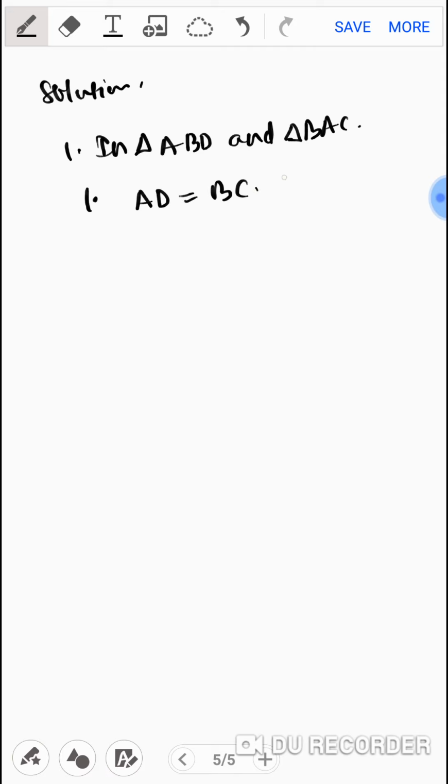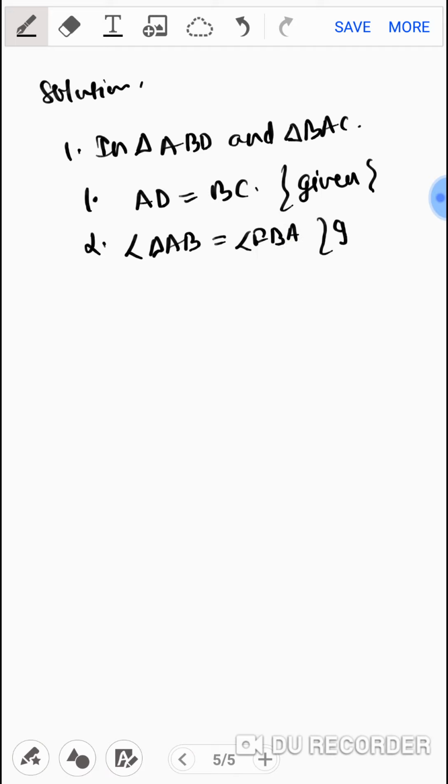Yes, that is given. And angle DAB is equal to CBA is also given. In both, you can notice, AB is common. My dear kids, you have to choose the triangles which you are making congruent. You will choose as per your question's requirement. Your question says ABD and BAC.